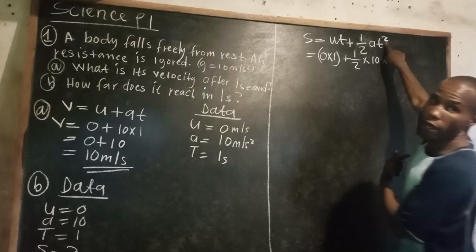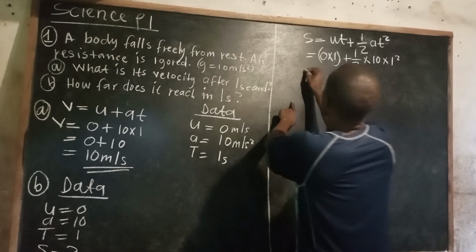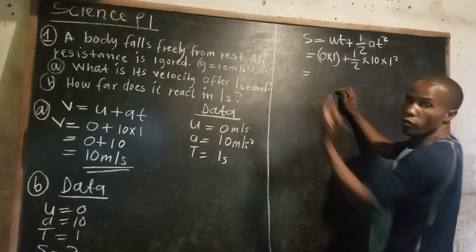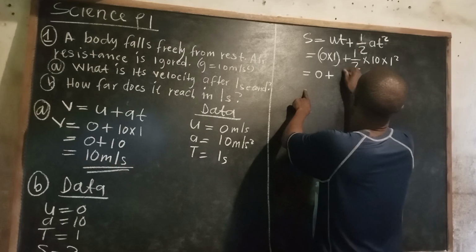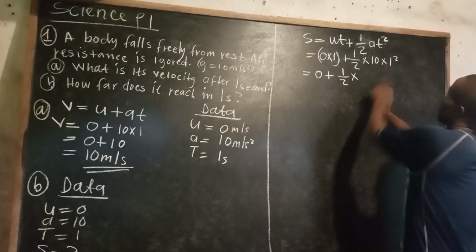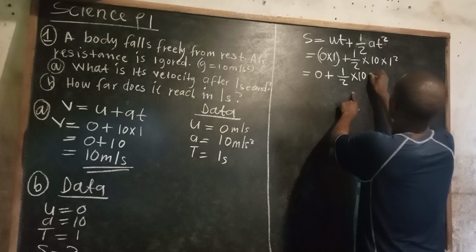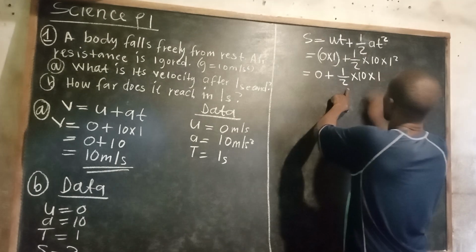Remember, there is a square there. You have to put the square. Okay, then from there, we can simplify further. We are going to say 0 times 1, the answer is 0, plus 1 over 2 times 10 times 1 squared. 1 times 1, the answer is 1. You still get 1.